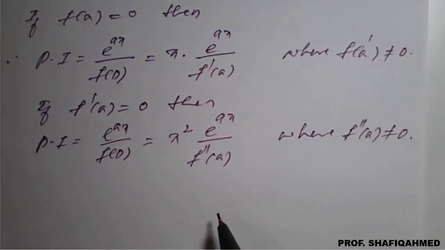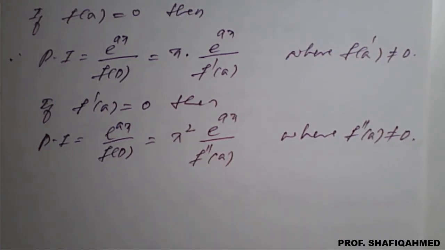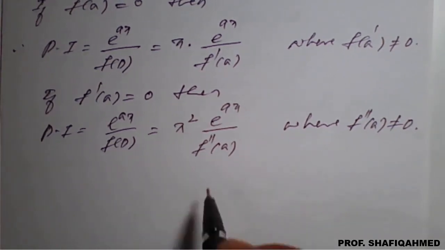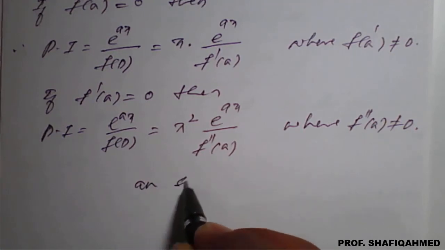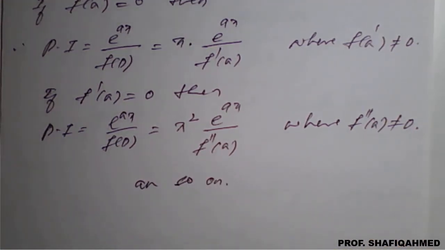If we go one more step, we go for x cube and f triple dash of a, and so on, till we get a specific final solution.